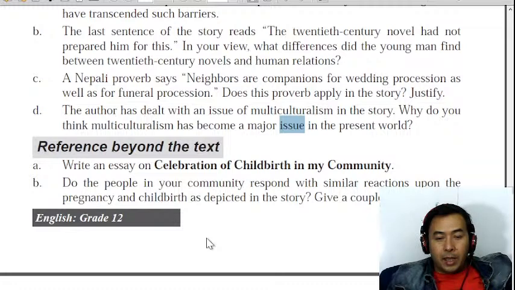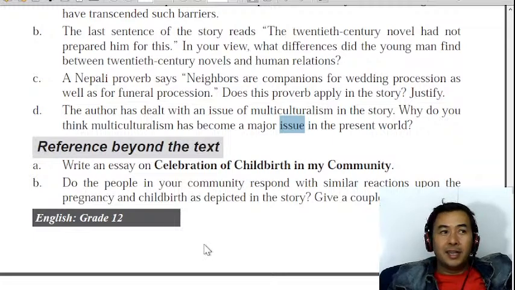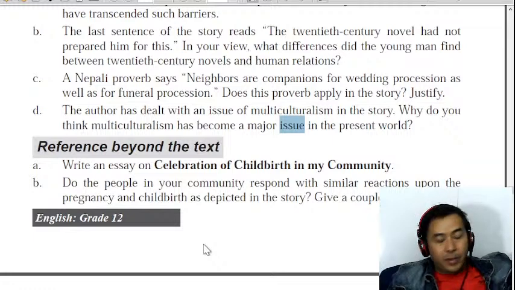Let's say they are criticizing and not helping or supporting one another. Whites against blacks, browns, that kind of racism. So these types of issues have already arisen. It's arising because of multicultural people from different parts of the world.